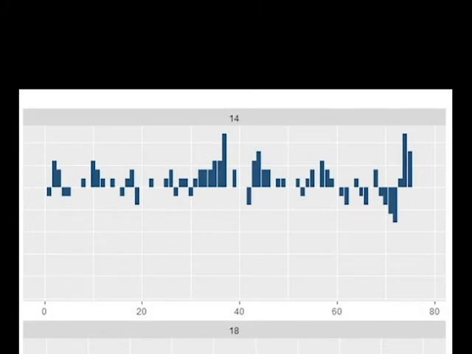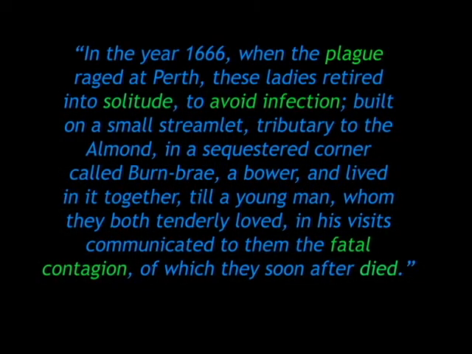So we went on to look at that part, and we realized that this part contains a footnote that was inserted in the text. And this footnote contains some negative words, and in particular it was describing a plague situation in 1666 and how people got infected and they died.